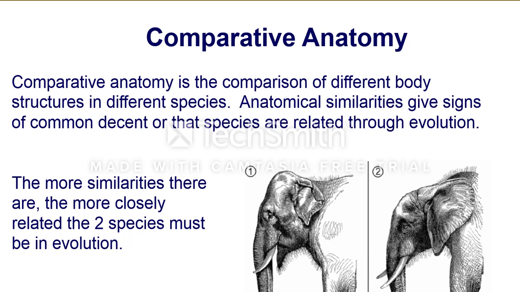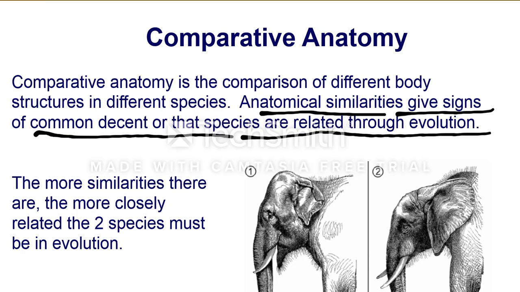Okay, so here's our comparative anatomy. We can talk about the comparison of different body structures of different species. Anatomical similarities will give signs of common descent of the species related through evolution. So the more similar these are, the more closely related the species must have been in evolution.